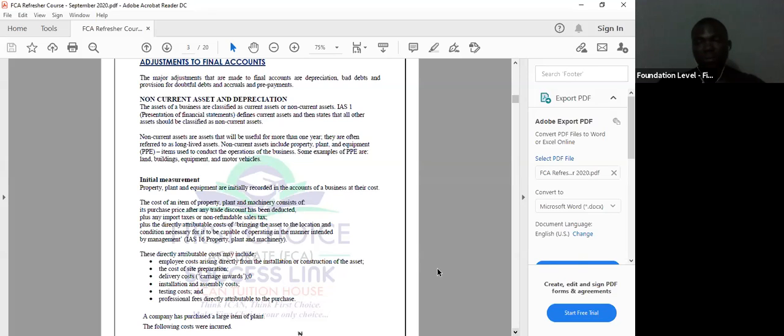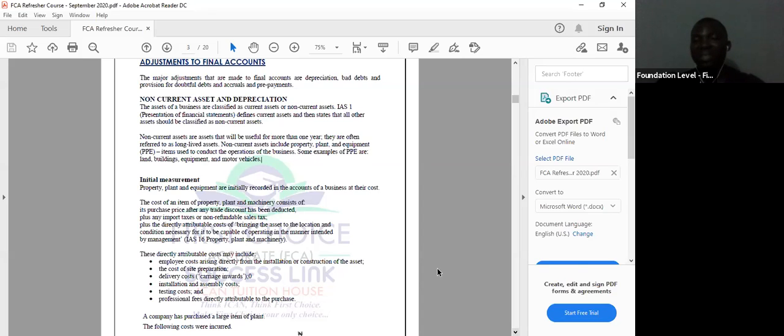Then everything summed together will be the total figure that I will use to cost my asset under my financial position. If it is a plant that you are talking about, when you purchase a plant, shipping the plant, cleaning the plant, assembling the plant, installation of the plant, even the material that you use to test the plant, is also part of it.